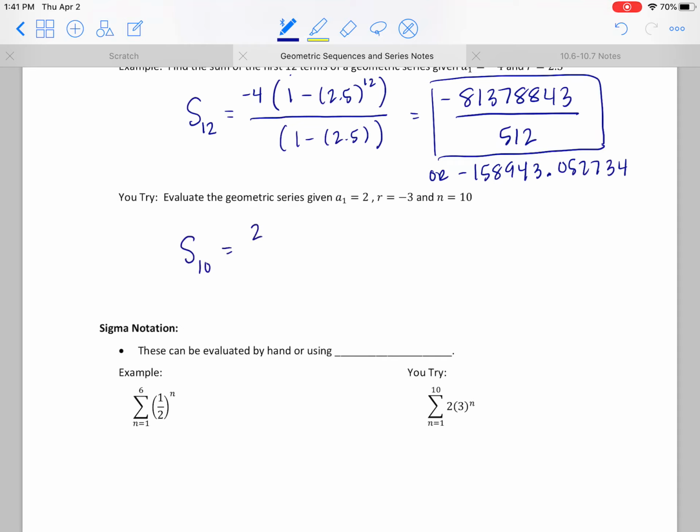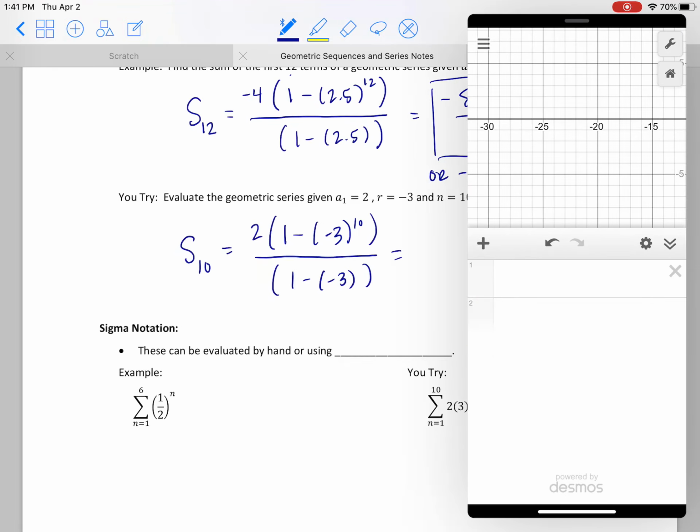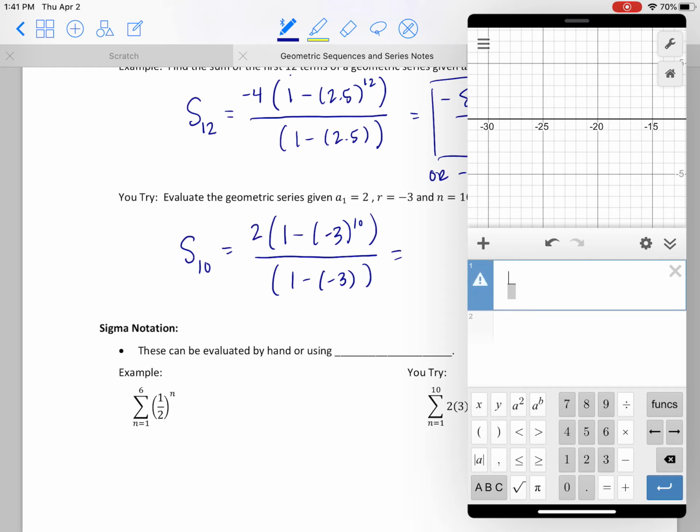Again, pause it if you want to give it a shot. Otherwise, we are looking for the sum of 10 terms. We have a list that starts at 2, and then we multiply by -3. So it's 1 minus a -3 to the 10th power, and then on the bottom 1 minus a -3 again.